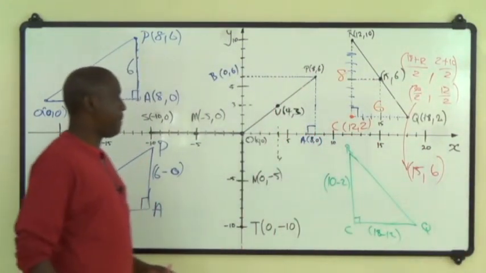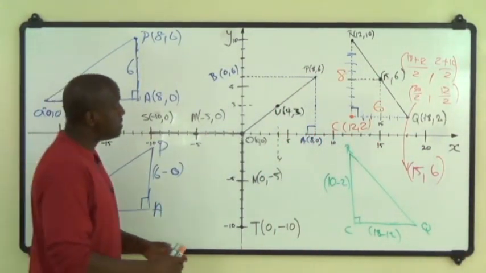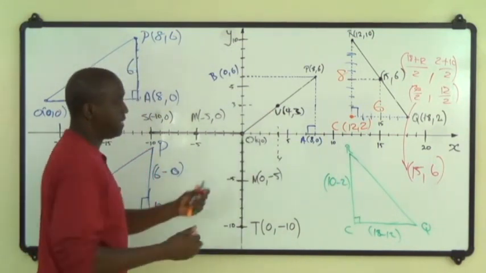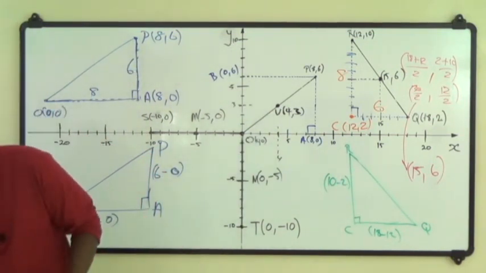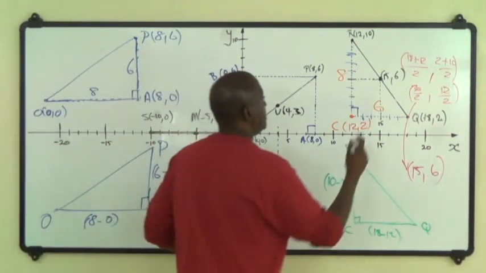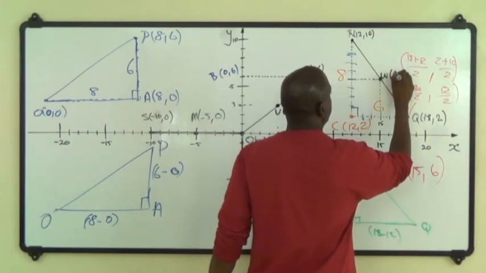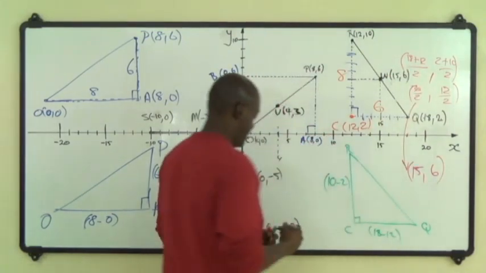Same story over here. The distance of this point, we didn't give this one a letter. We have to letterize everything. So let me call this one W now. This will be W. Alright? W 15, 6. Alright?